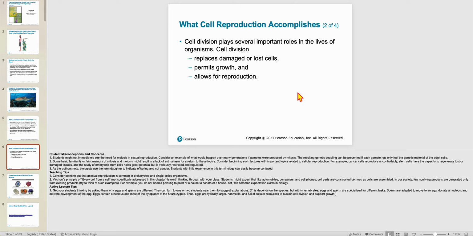Now, these are the reasons we have cell division. Cell division is to replace damaged or lost cells. So if you get a paper cut on that finger, for example, that's where the cell division will take place, where you will have new cells grow to fill in the spot where the damage occurred. So that's one reason: replacing damaged or lost cells. The next one we have is permits growth.